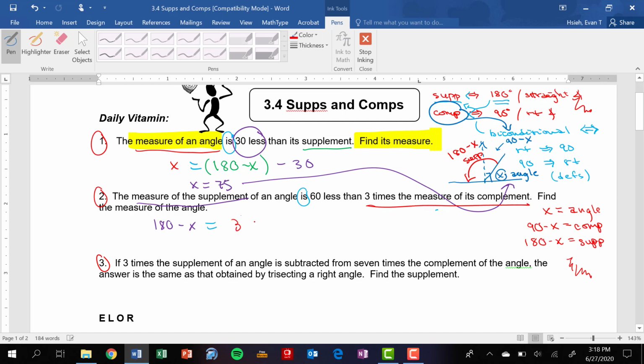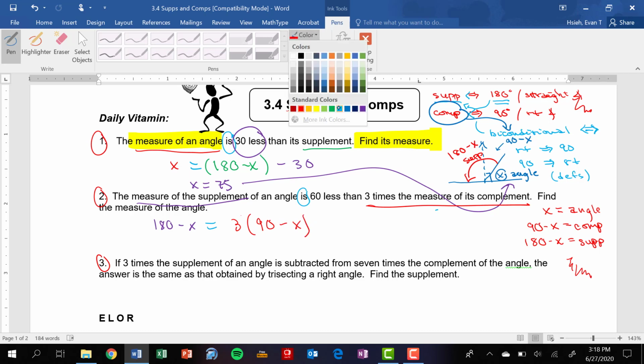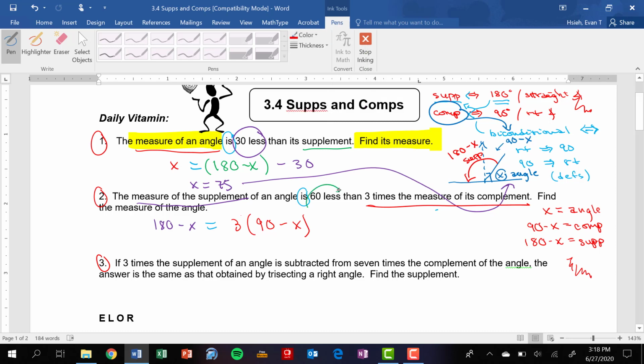So let's do 3 times the measure of the complement. 3 times the measure of the complement, remember, is 90 minus X. And then 60 less than that is going to be minus 60. I solve this thing for X. X ends up being 15, I believe. You can do the algebra on that. And it says find the measure of the angle. So we're not really doing anything tricky there.